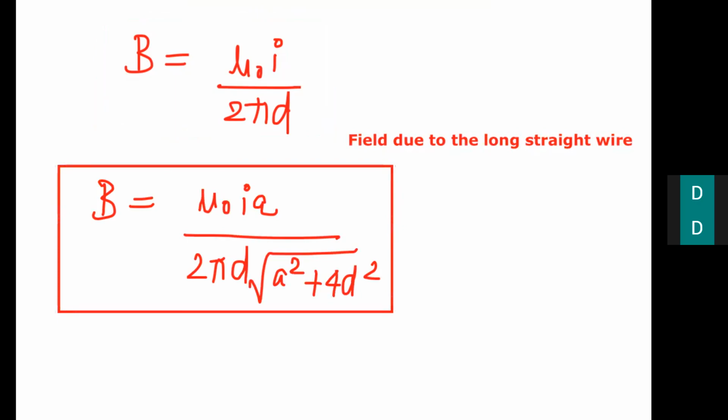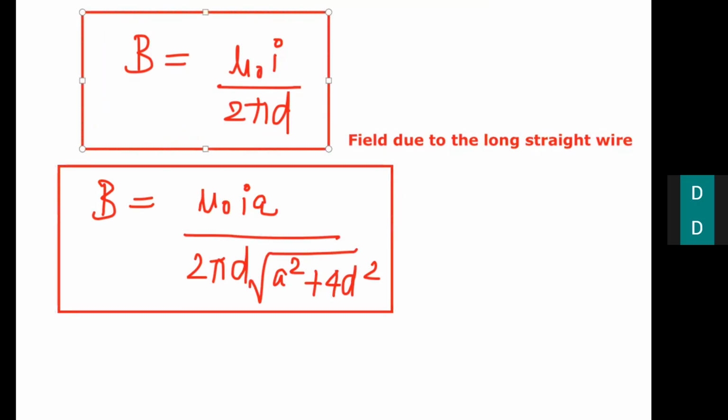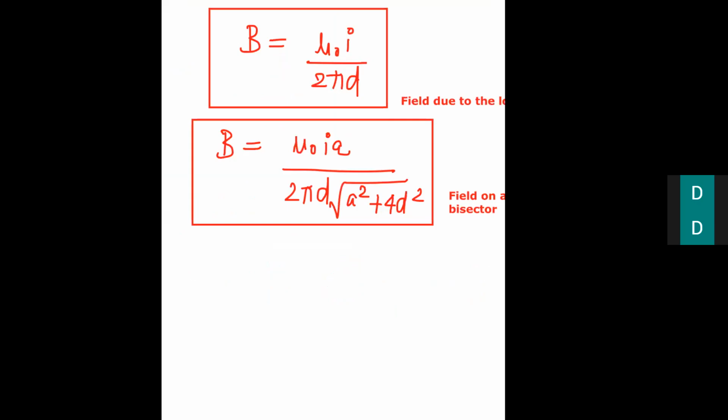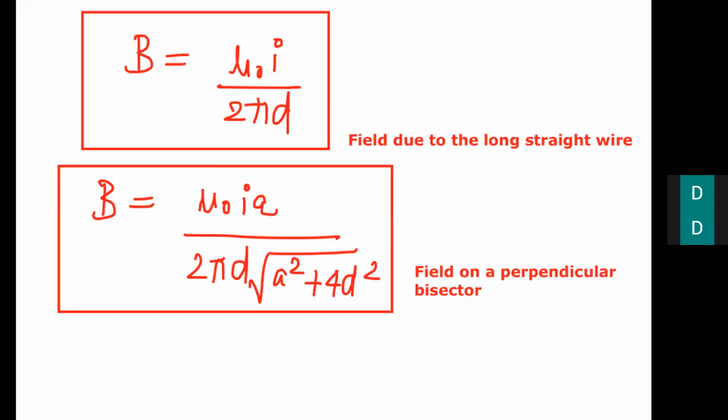So this is the field on a perpendicular bisector, of course with respect to the figure that we made.